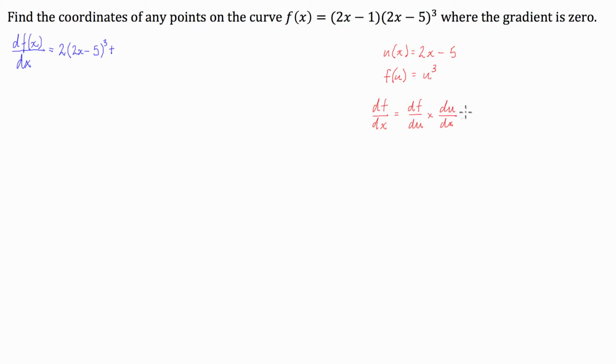Now this is just the formula that governs the chain rule. So just using that, df/du is going to be 3u squared, and we're going to multiply that by du/dx, which is just going to be 2. So that's equal to 6u squared.